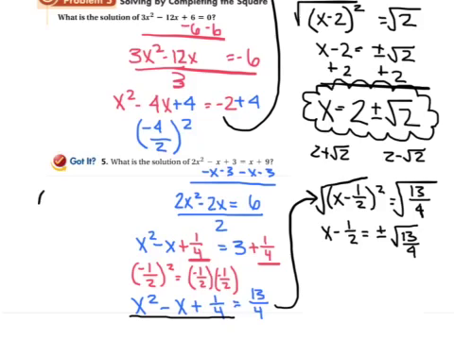Just a little side note, remember your rules of radicals. If I have the square root of 13/4, that could also be the square root of 13 over the square root of 4. So what could that simplify to? Ashley? Square root of 13/2. Very good.